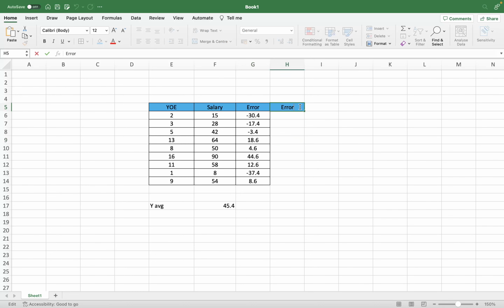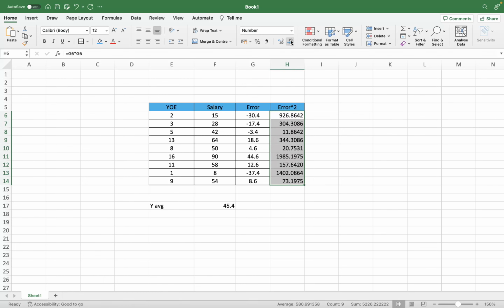Remember, we'll do the error square, the same thing. I'll just drag it down and take it till the end.